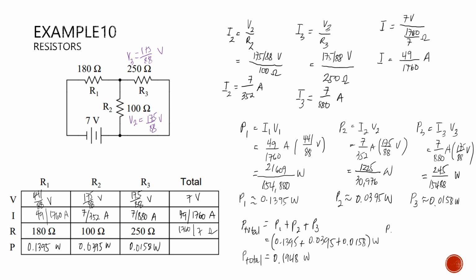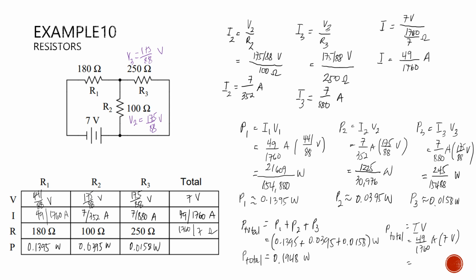And let's verify using the I and V values, so I total and V total. So that's 49 over 1760 amperes times 7 volts. 49 over 1760 times 7, so we get 0.1949.